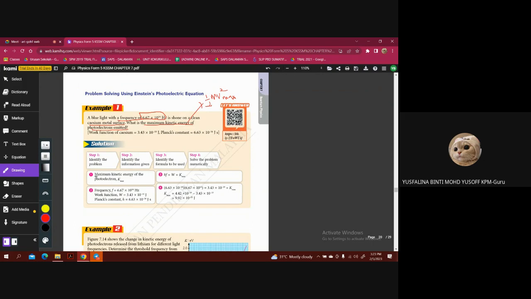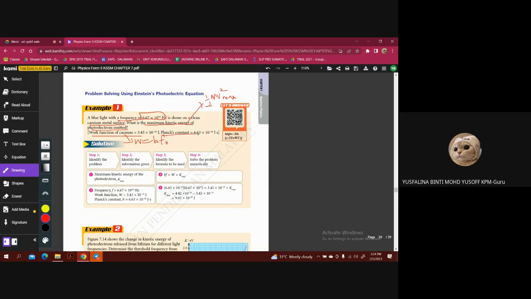Then you need to find this one. They give you the work function of calcium. When they say work function, you already know this is W equals hf0, the work done on the calcium to make the electron come out from the metal.